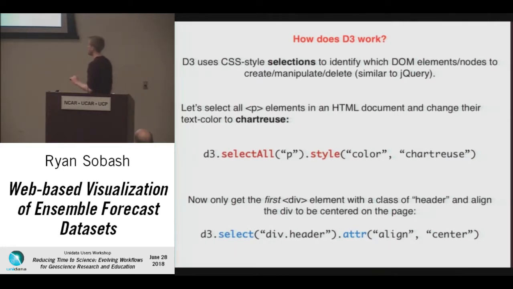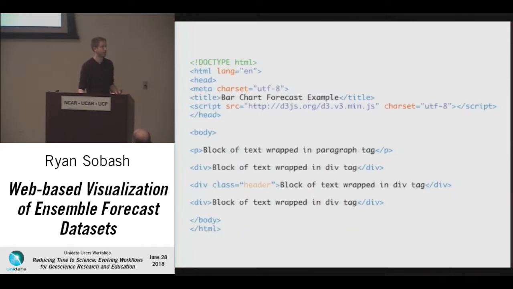And this is via CSS, we can say we want the divs with the class of header. And so that's going to pluck those out and then say, in this example, change the alignment of that div, which is just a wrapper around some block of text, or change the alignment to the center of the page.